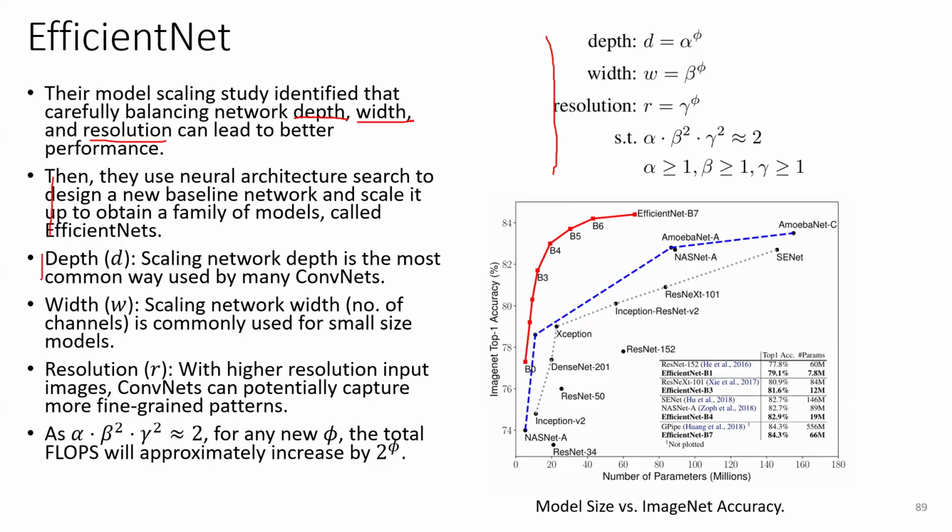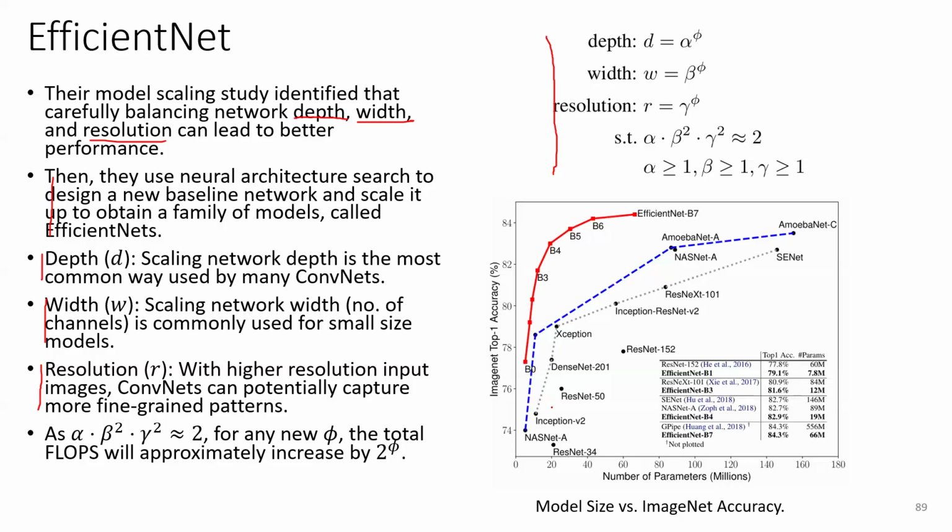Scaling network depth is the most common way used in many convolutional nets. Scaling network width, the number of channels, is commonly used for small size models. With high resolution input images, ConvNets can potentially capture more fine patterns. These were ideas that people had, but they did not know how to combine them. So these people combined them.